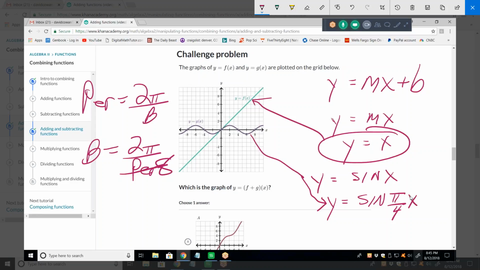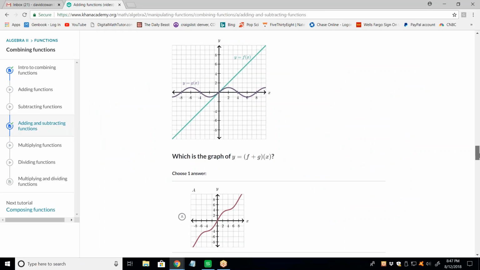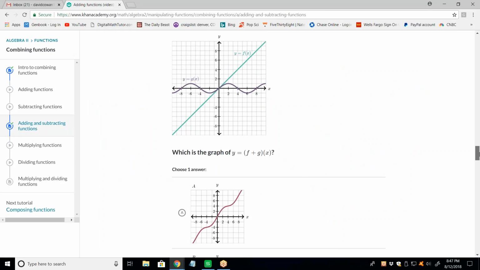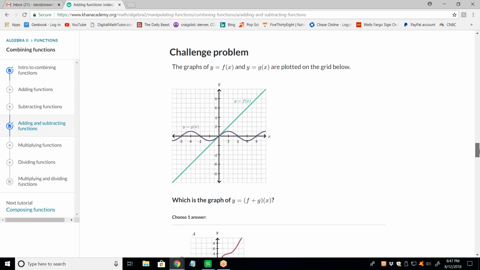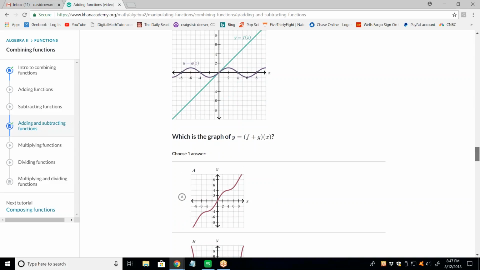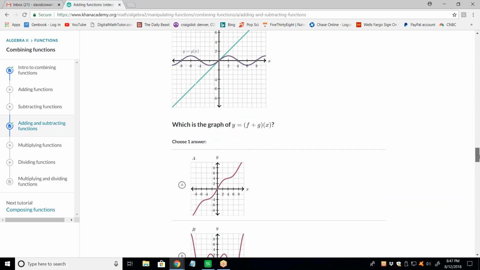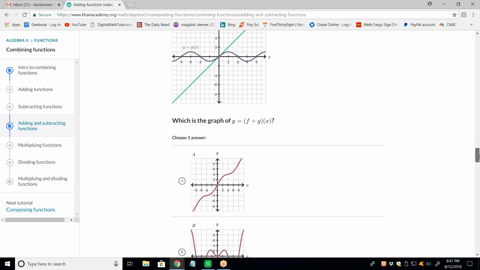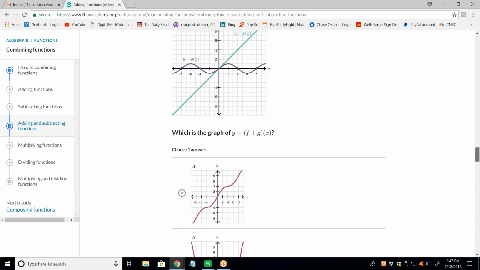Okay. Now, whether I needed to do all of that or not, I don't know. At some point, you're going to have to do all of that. Maybe not here, because which is the graph of f plus g of x? Let's get as much of it as we can. Is it A?